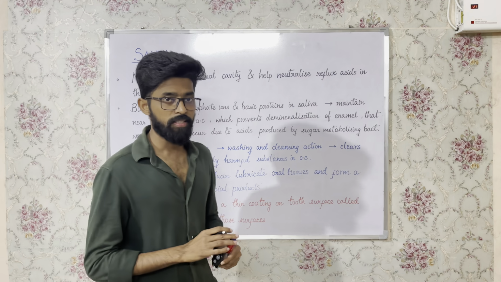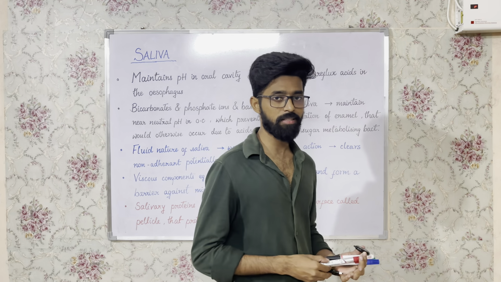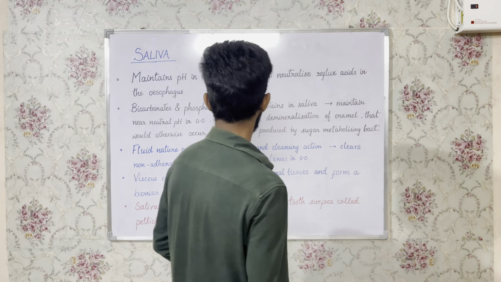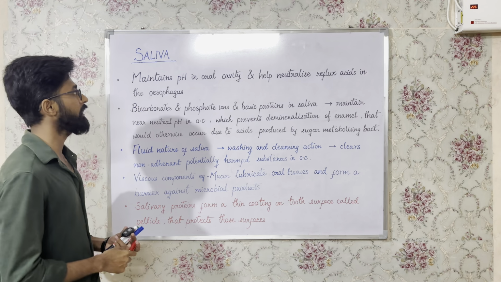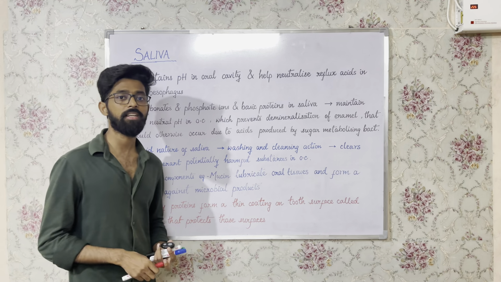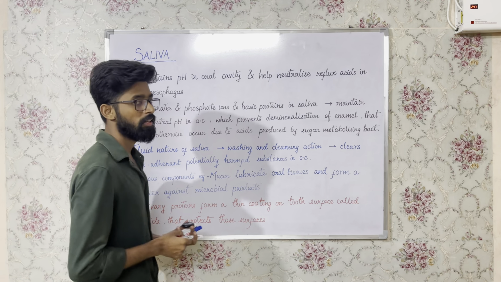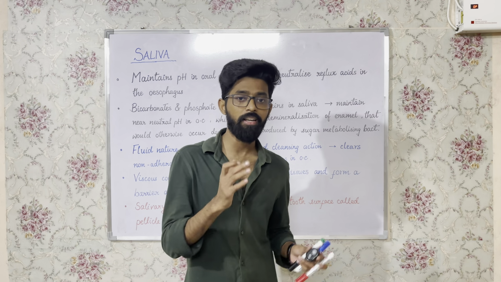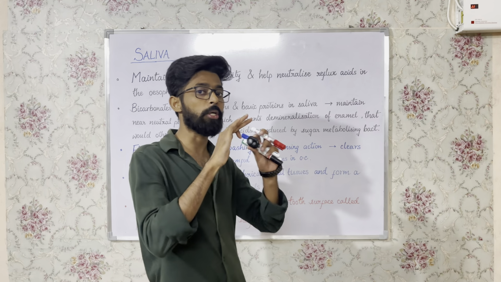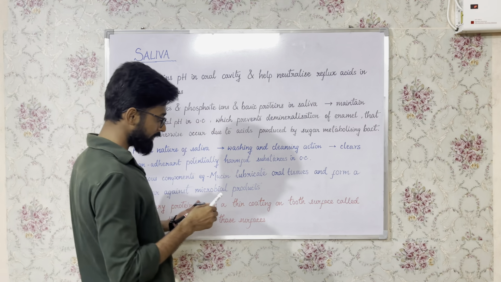Okay. Saliva plays a very important role in the defense mechanism of gingiva. What it does, it maintains the pH in the oral cavity and helps neutralize the reflux acids in the esophagus. Means the acids which are being refluxed from the esophagus to the oral cavity, the saliva tends to neutralize it. Okay. It maintains the pH in the oral cavity.